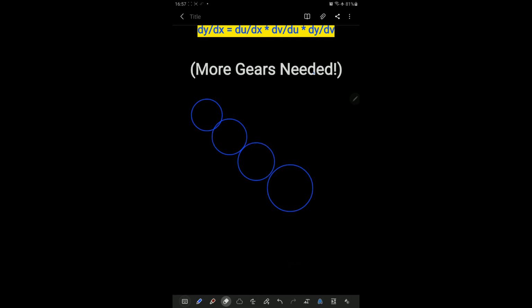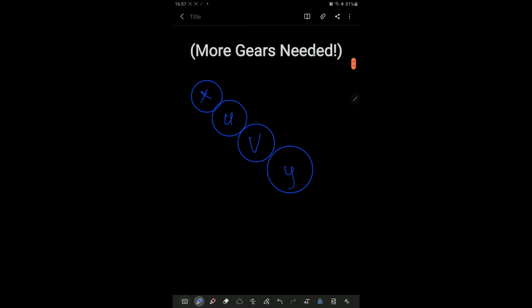Okay, so we'll call this wheel X, and this is Y. And we have two intermediate ones. We have U and we will have V. Okay, so now the rate of change of U with respect to X is here.